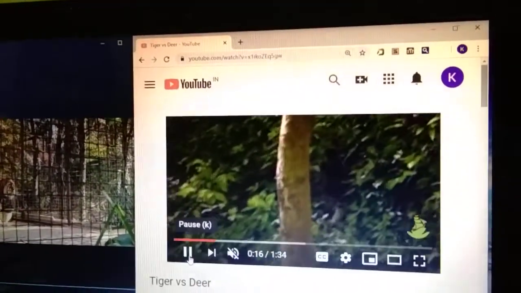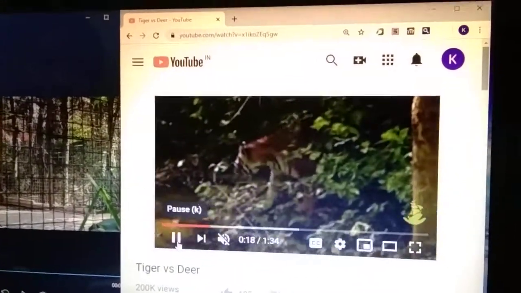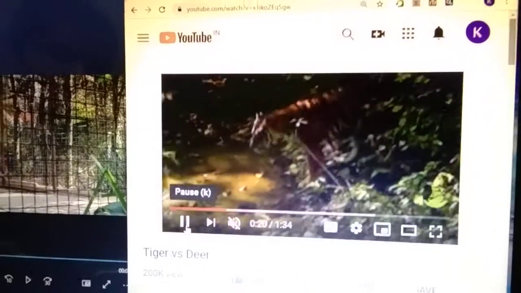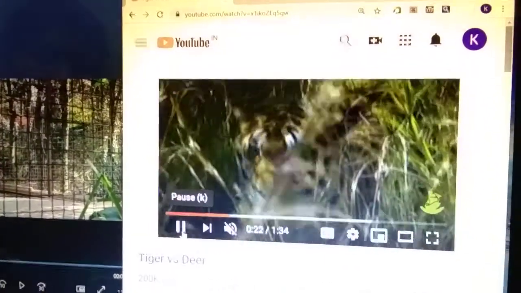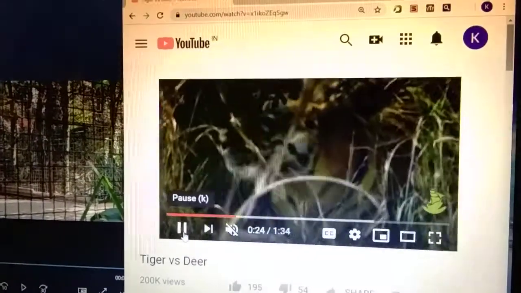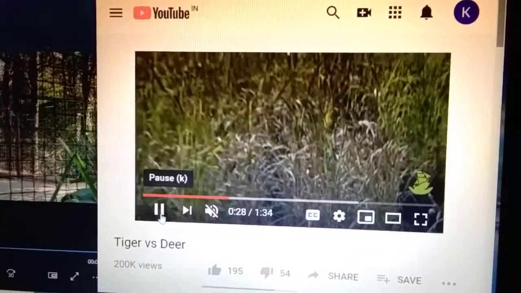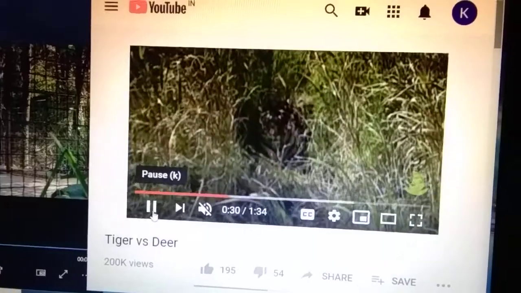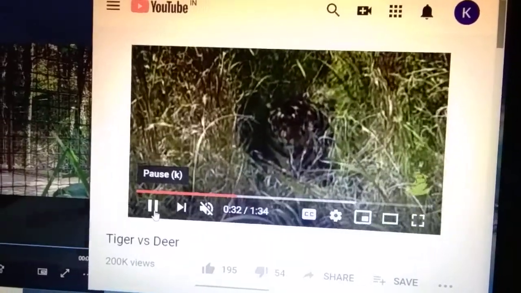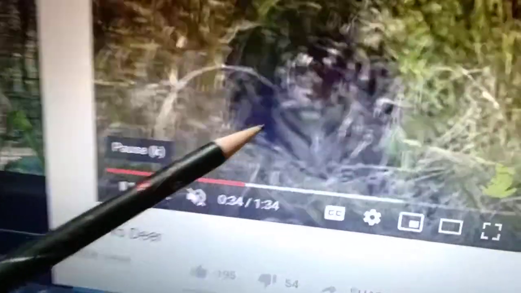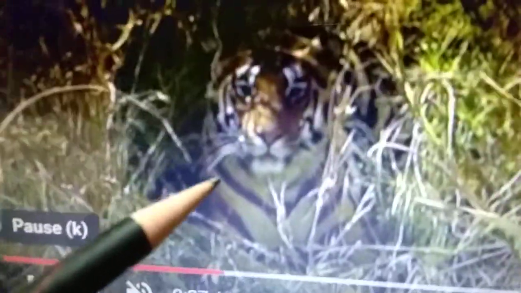He should be lurking in shadow, sliding through long grass near the water hole where plump deer pass. He should be snarling around houses at the jungle's edge, baring his white fangs, his claws, terrorizing the village. You can see in the video the tiger is hiding near the long bushes.